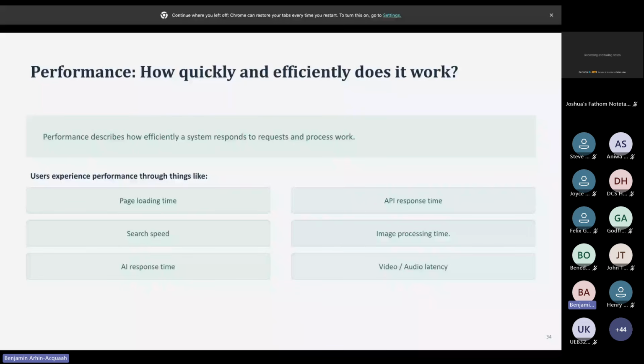But in the context of non-functional requirements, reliability, as you said, is when something cannot be trusted, right? Reliability describes the ability of a system to consistently perform correctly over time.